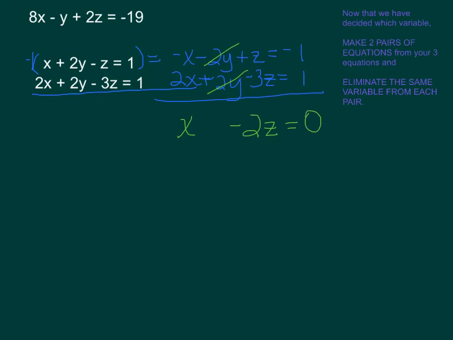So now I have another equation that doesn't have a y value. I have a two-variable equation, x minus 2z equals 0.